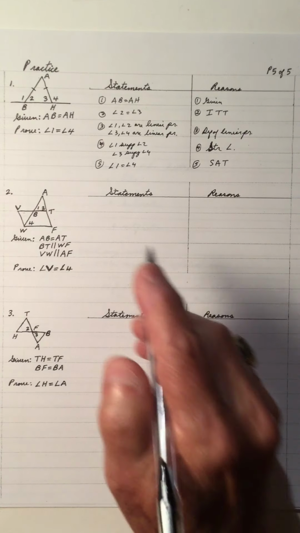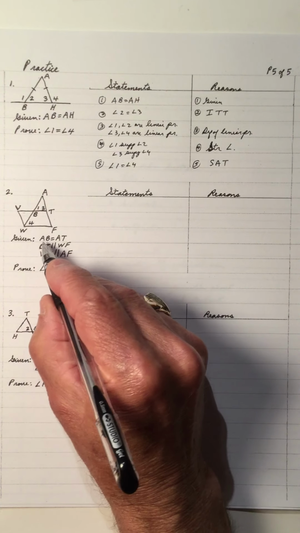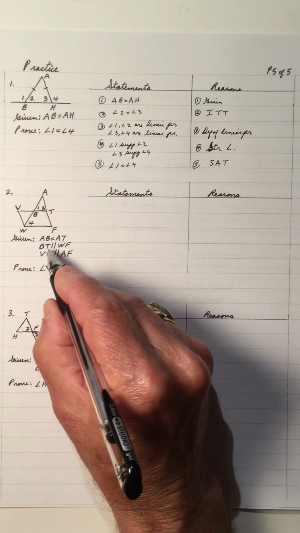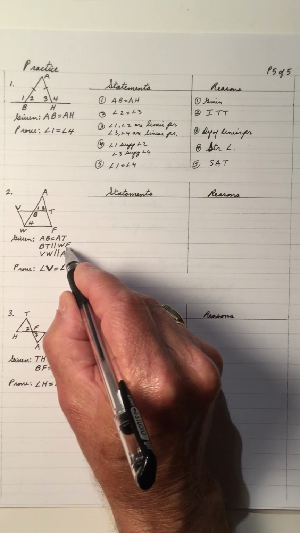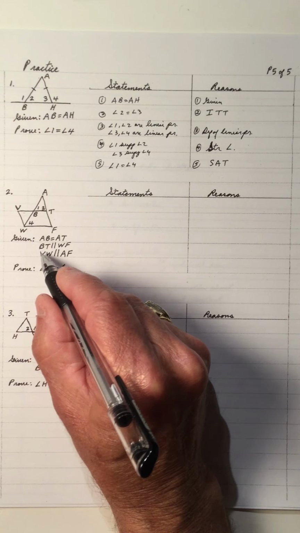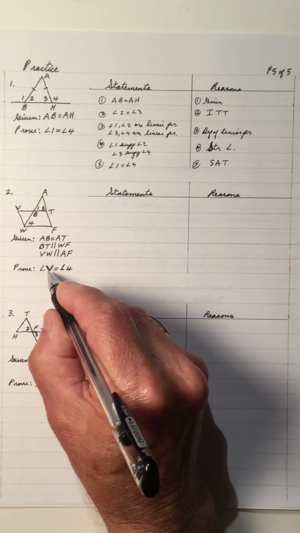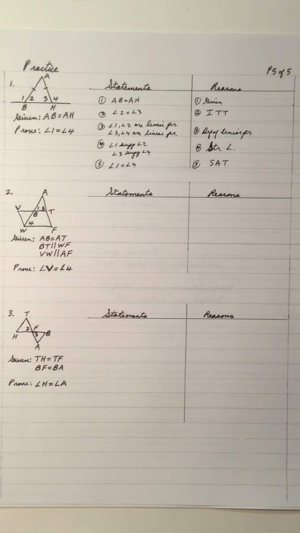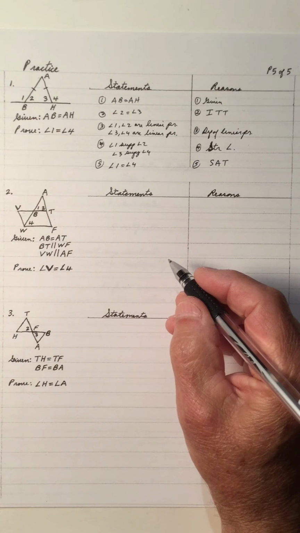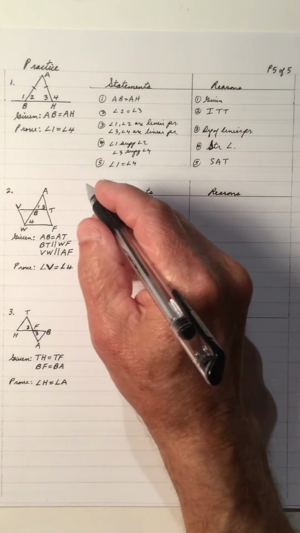Number 2, we have this diagram. We have AB is equal to AT. BT is parallel to WF, and VW is parallel to AF. Prove that angle V is equal to angle 4. So let's see if we can put the proof together before we start to write it up.